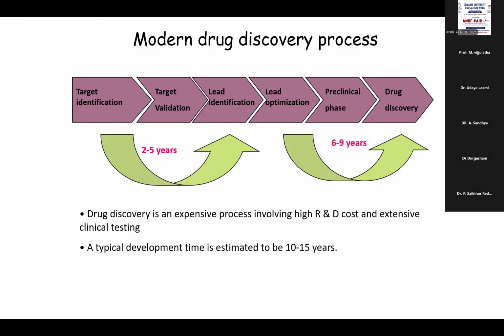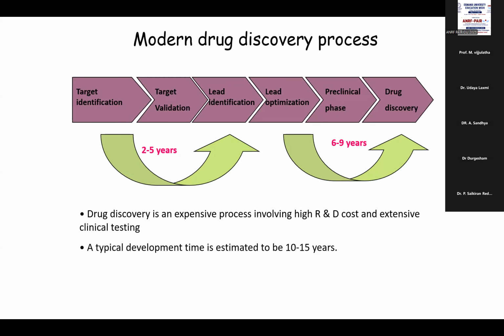And once we get good molecules which are having better interactions, then we go for the preclinical phase and then the drug discovery happens. The whole scenario takes approximately 10 to 15 years for the development of a typical drug molecule.